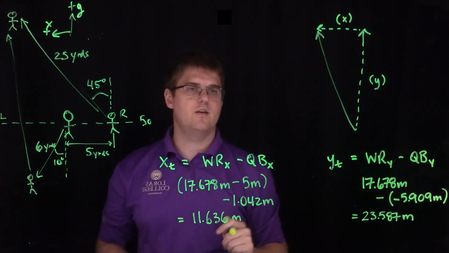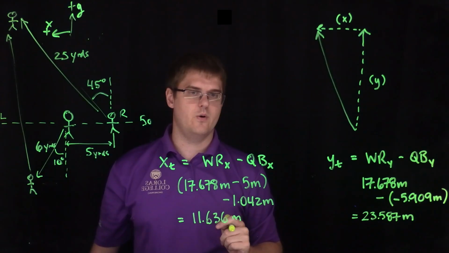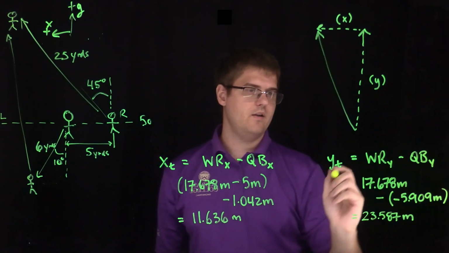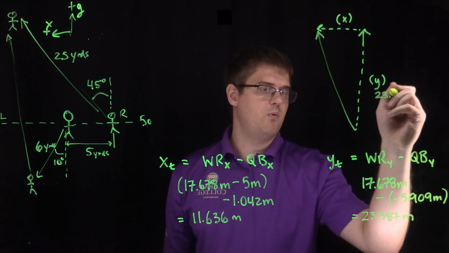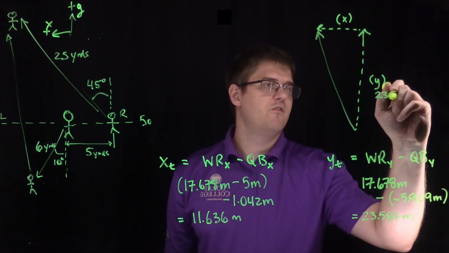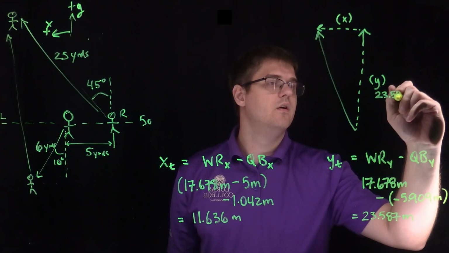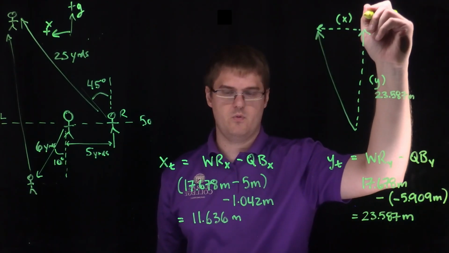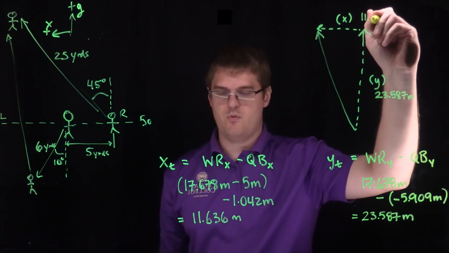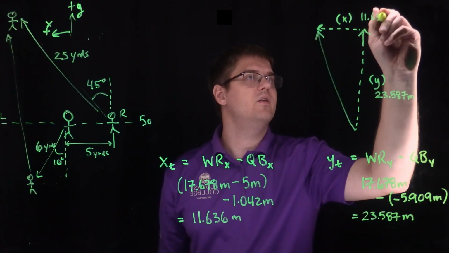These are the same thing. That is how far he has to throw it. So in the y, that number was 23.587 meters. And in the x, that number was 11.636 meters.